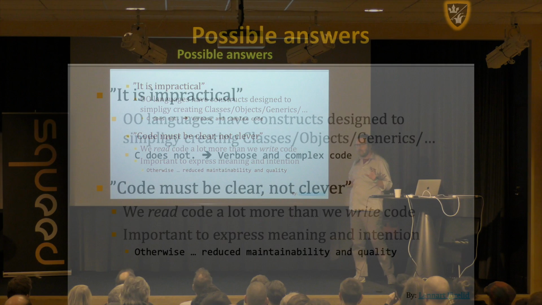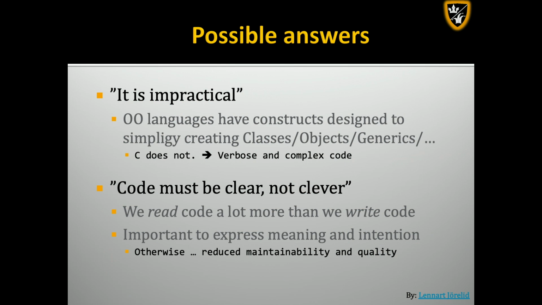Well, there are quite a few answers for writing object-oriented programs. We could debate this for half an hour, but one of them would be that it's very impractical because there are no real object-oriented constructs in C, right?